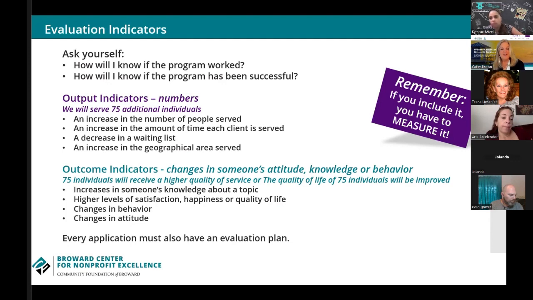So there are a couple of ways, and there are lots of great resources out there. Again, you can do a quick internet search for successful evaluation strategies for grants, or for evaluating grant success, and you get lots of different resources. One way, in the description that you're providing, where you've got some people coming in over a period of time and you're building a confidence level, a public speaking comfort, and those kinds of things, the first thing that comes to my mind as an evaluation strategy is a pre and post assessment.